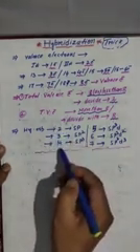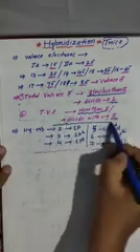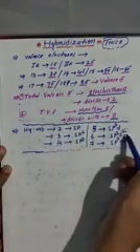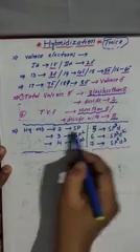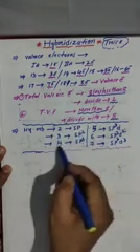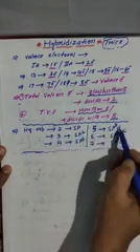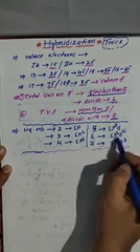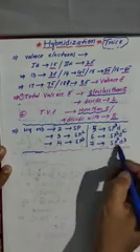Clear? If you calculate the hybrid orbitals, then hybridization is easy for you. If you know the number of hybrid orbitals, then hybridization is free. So 2 is sp, 3 is sp2, 4 is sp3, 5 is sp3d, 6 is sp3d2, 7 is sp3d3.